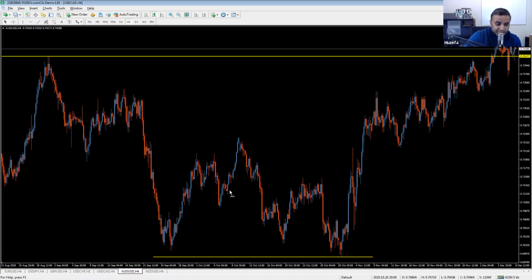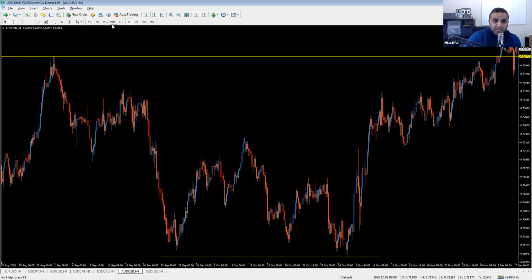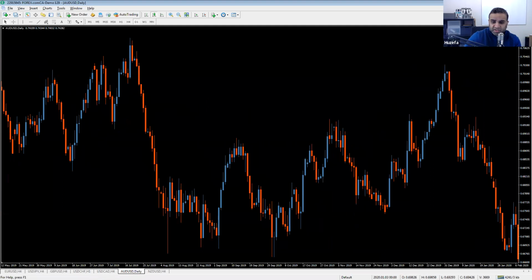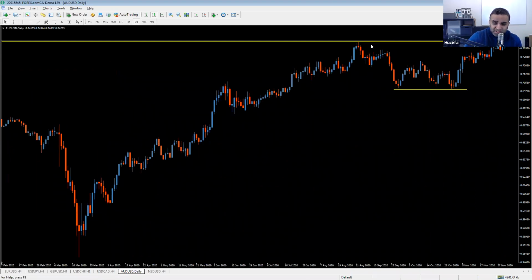Okay, Aussie dollar. US Aussie dollar. Let's take a step back for a second and look at the daily chart. The reason I'm looking at the daily chart at the moment is because it's just broken a key resistance, and I want you to see where that key resistance is coming from. So this is the key resistance up here, and I marked it with this yellow line.